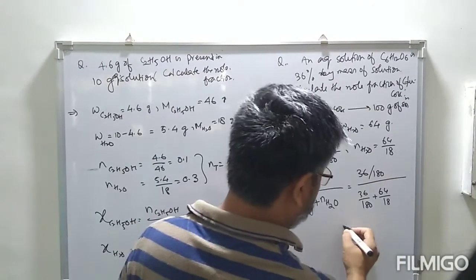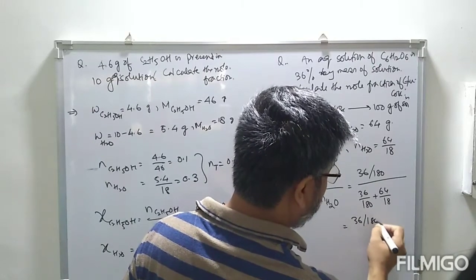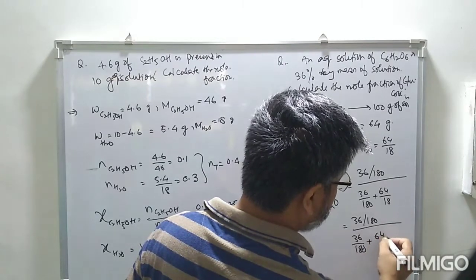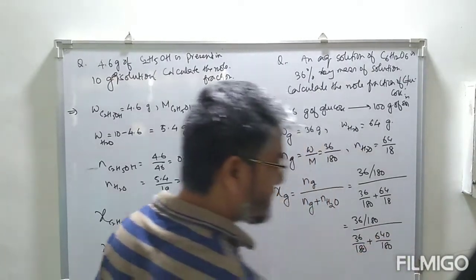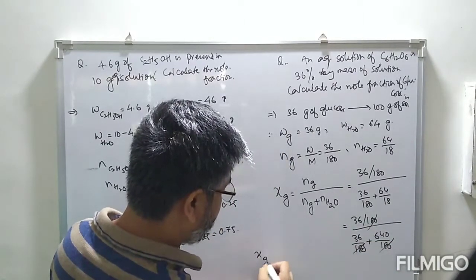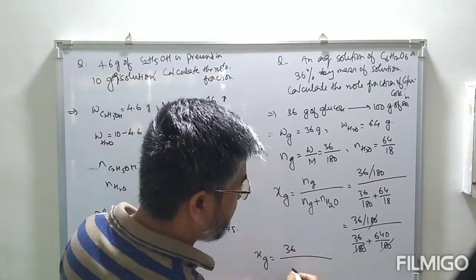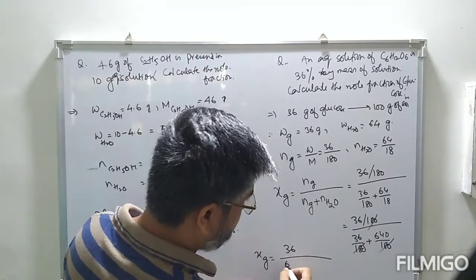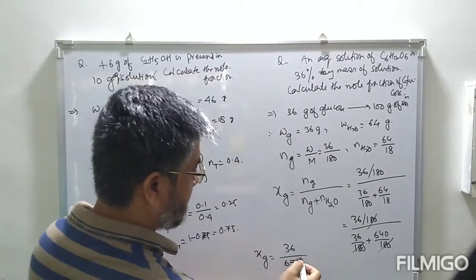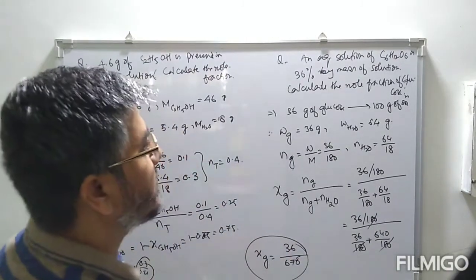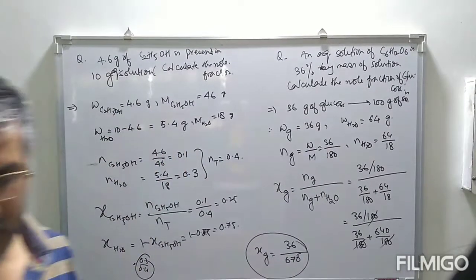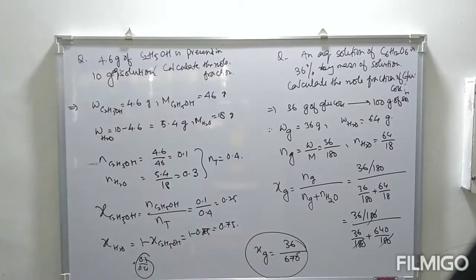So we can simplify this way. 36 by 180 divided by 36 by 180 plus 640 by 180. So 180 will cancel out. So therefore, mole fraction of glucose is 36 by 676. That is the mole fraction of glucose. If this is the mole fraction of glucose, we can define the mole fraction of water, that is 1 minus mole fraction of glucose, that is the mole fraction of water.